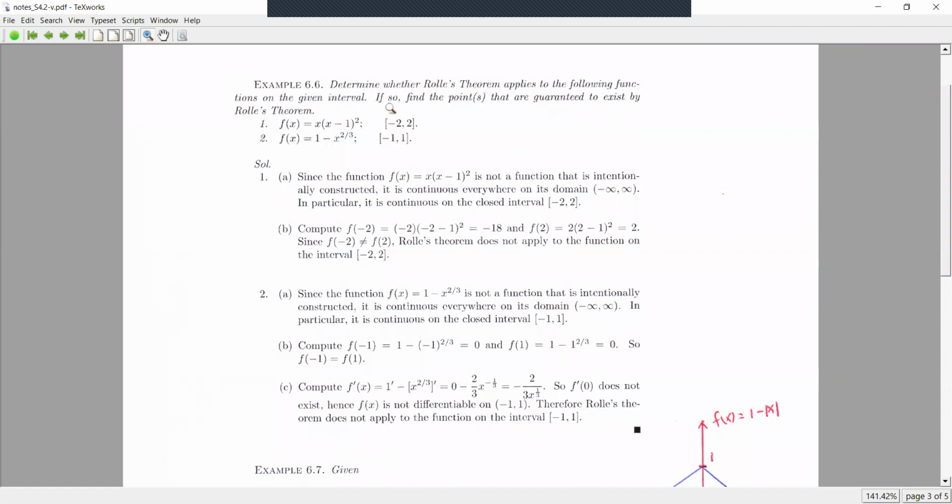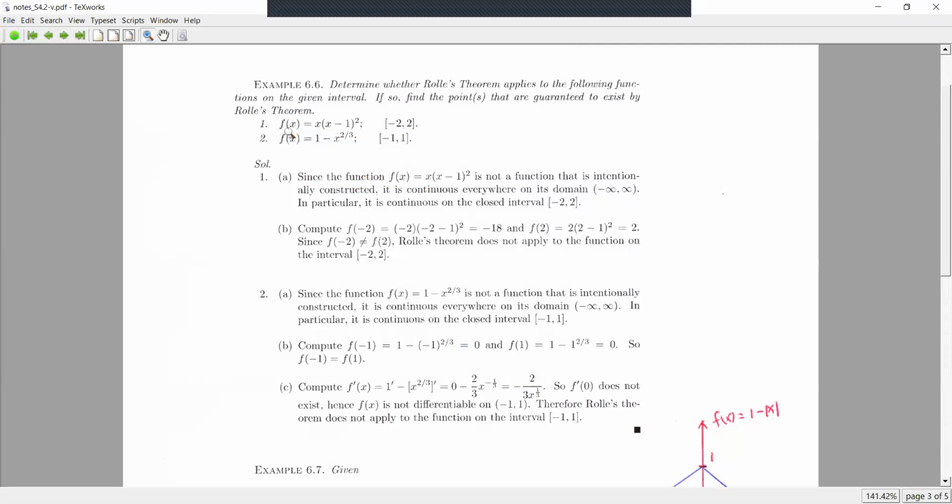If Rolle's theorem can be applied, find the points that are guaranteed to exist by the theorem. Consider this function and this interval first. Rolle's theorem has three conditions. Condition 1, the function should be continuous on the given interval.